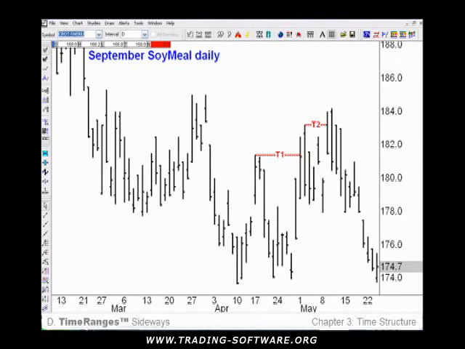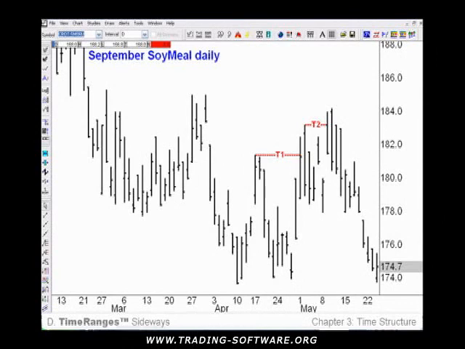Remember, this time range analysis is originally derived from measured moves, and we're looking at back-to-back measured moves, so we are using the time range comparison in a series as the one that's really the driver if given a choice. That's how we do time range comparisons. The first method, in a series, is stronger.